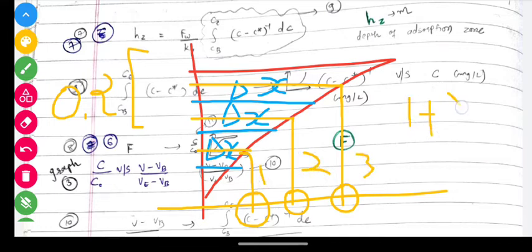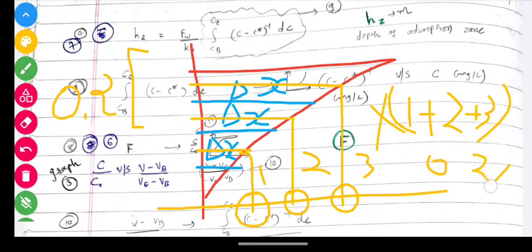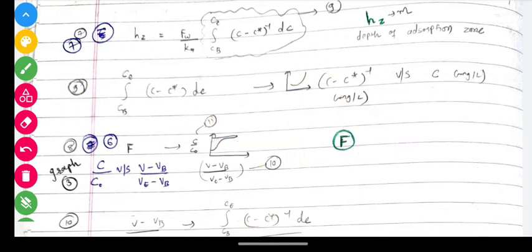Add these 1, 2, 3 and multiply the whole with 0.2, because this is your delta x. This is how we have done the sedimentation design numerical and the column test numerical. So this is how you have to calculate the area. This area is nothing but your F.